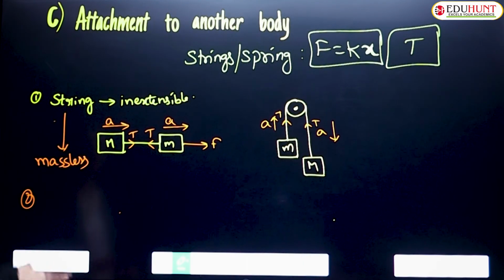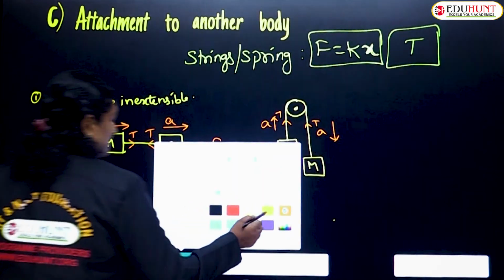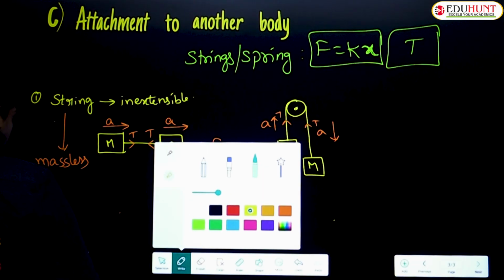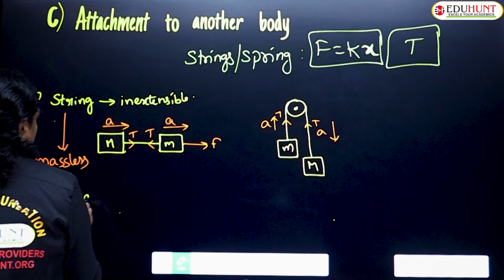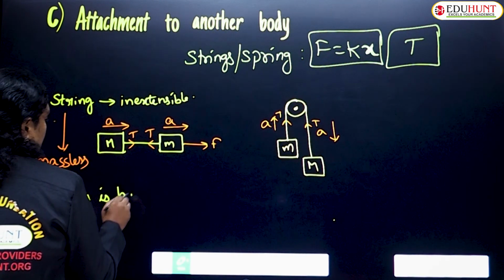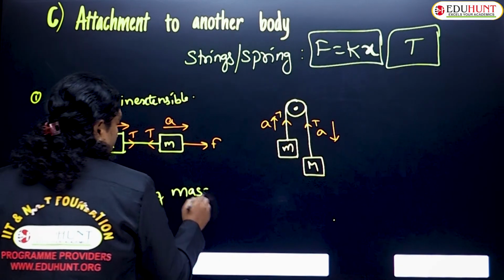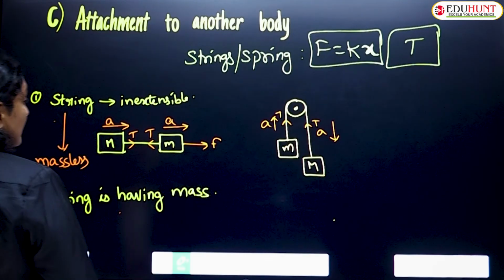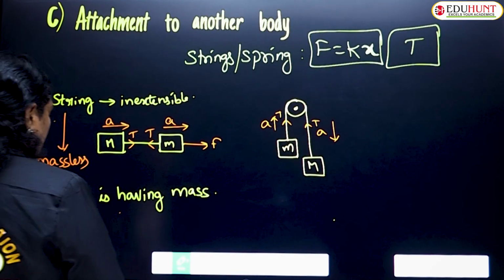What happens if the string is having mass? There must be some differences we would like to observe. If the string is having mass, then the tension at each and every point may not be the same.